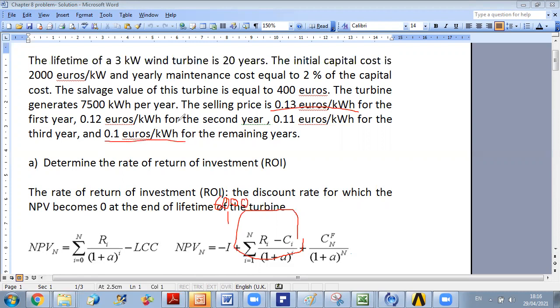So we can conclude here that for years 1, 2, 3, the selling price, which is the income, will be higher than from year 4 to year 20. And in general, such projects are done by countries, and the state can force people to use this technique.